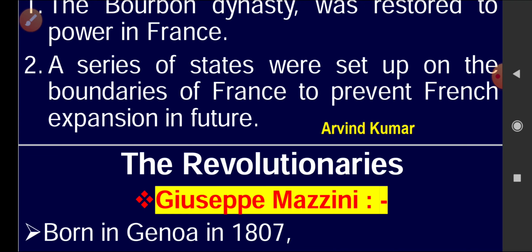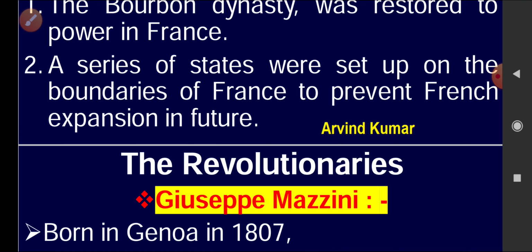Russia was given part of Poland, while Prussia was given a portion of Saxony, one of the duchies, a small state. The main purpose of this Vienna Congress was to establish monarchy and conservatism in European states.